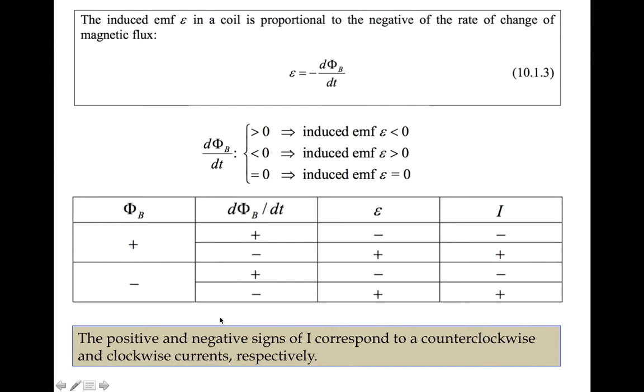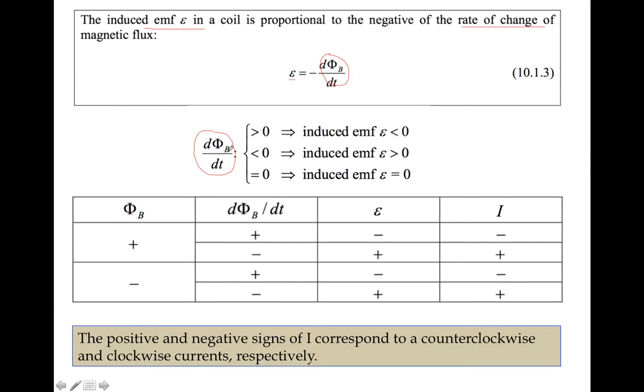So Faraday's law says that the induced EMF in a coil is proportional to the negative rate of change of the magnetic flux. This is what the induced EMF is. Remember, if you have an induced EMF voltage, this will give you an induced current. Now, this can be positive, negative, or equal to zero.